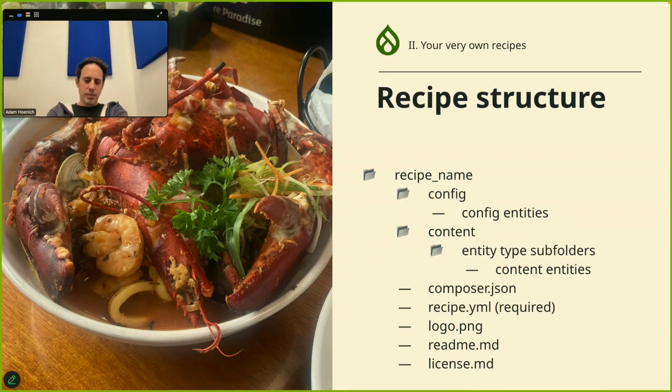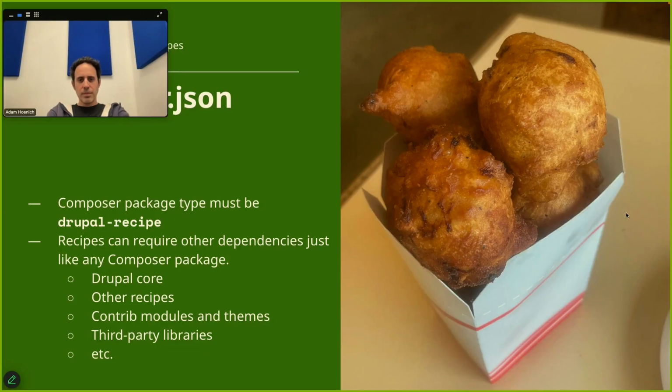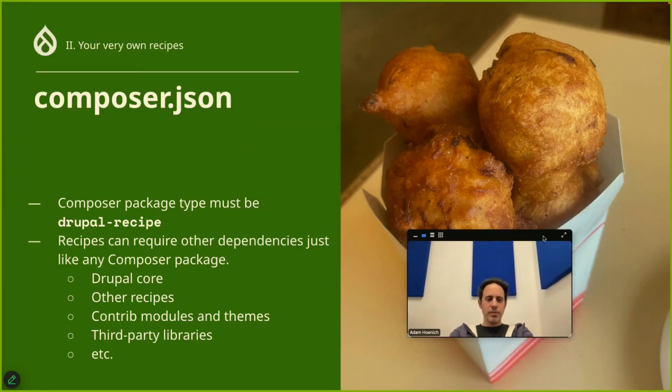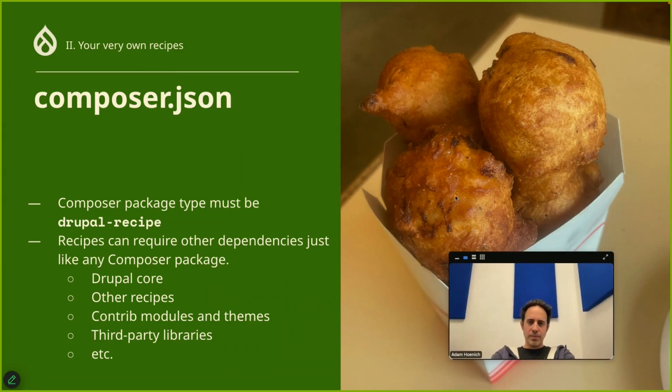We've taken Project Browser's guidelines for logos and made that our specification also. So the same logo file that you would put in your module to appear in Project Browser, you do in a recipe, plus a README and a license for being good developer people. In your composer.json, the composer package type must be Drupal-recipe.